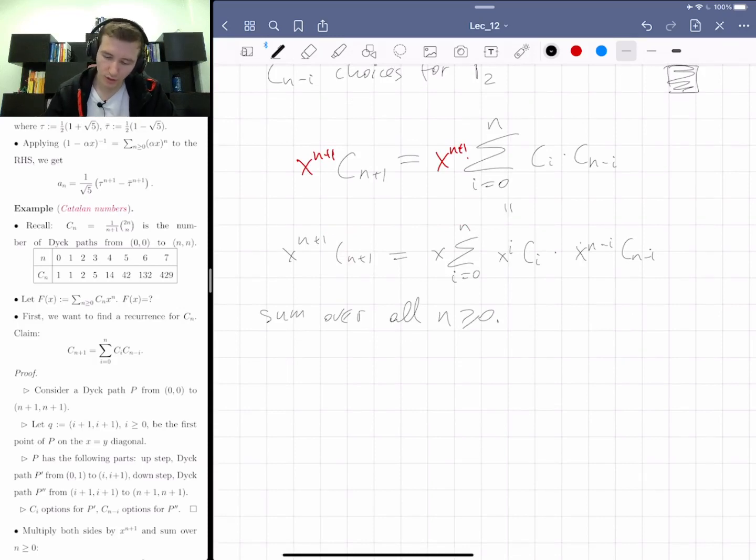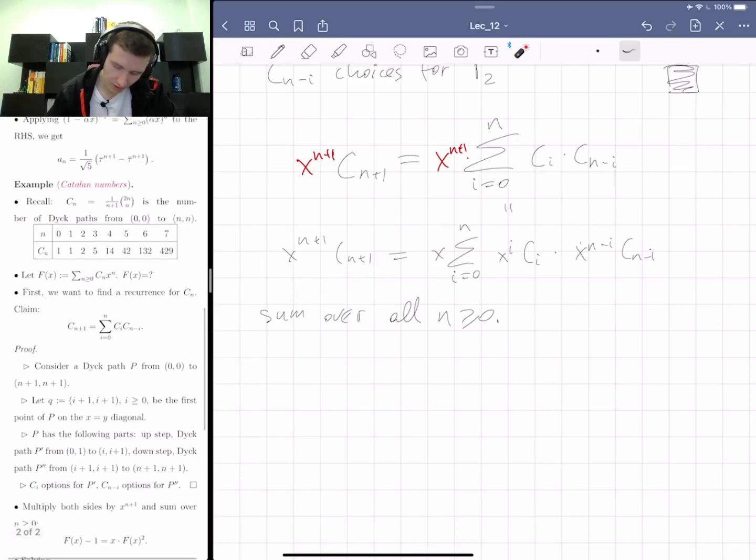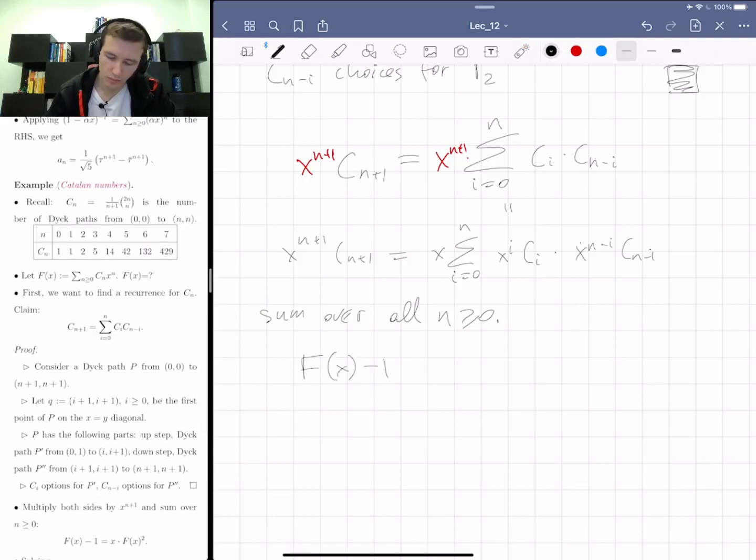I have this equation, and what happens if I sum over all n? Well, let me try to be careful here. What do I get on the left? I claim that it's f of x minus 1, because there is no constant term.